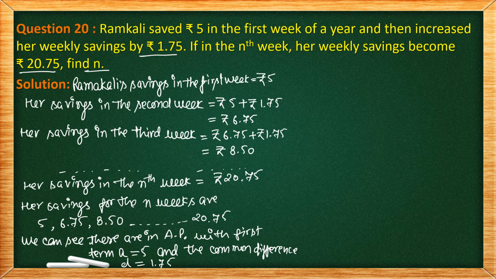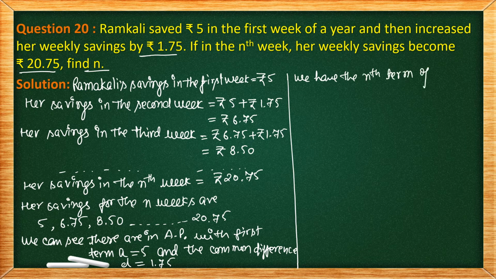Now we have to find out the value of n. For this we will use the formula for the nth term of an AP. Now we have the nth term of an AP as an is equals to a plus n minus 1 into d.